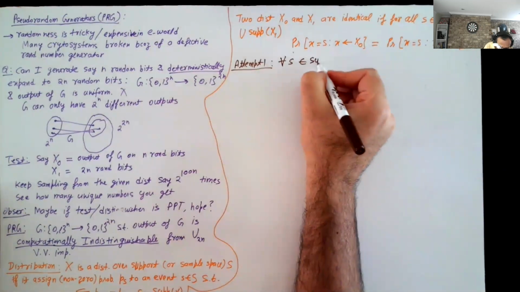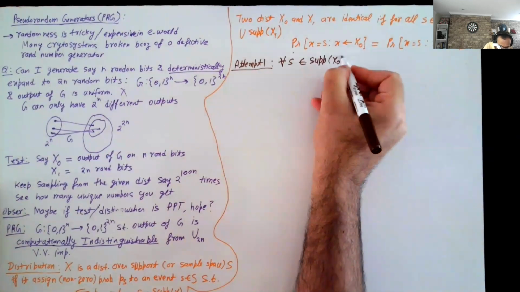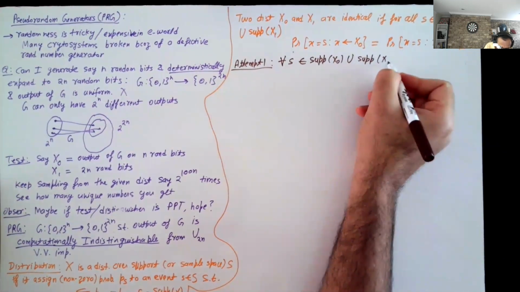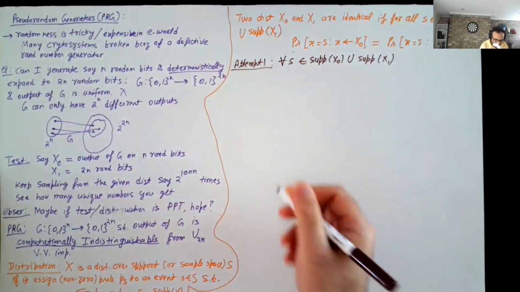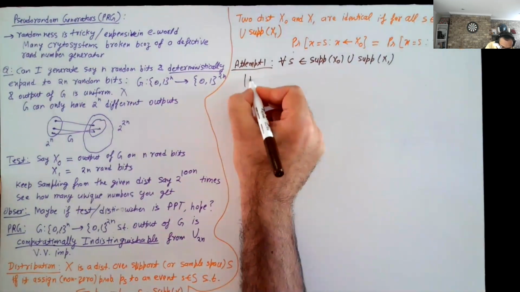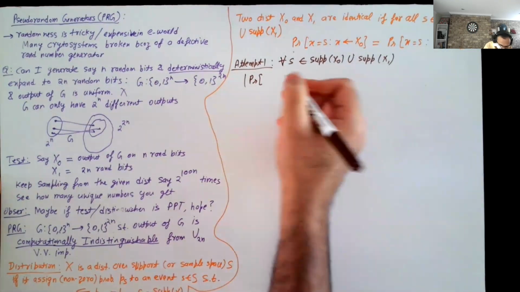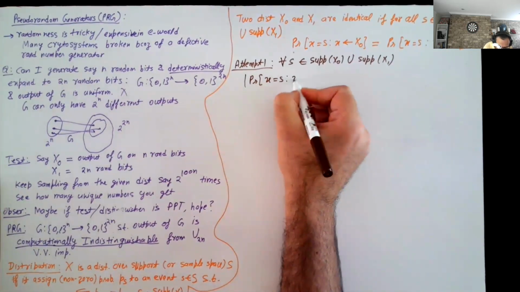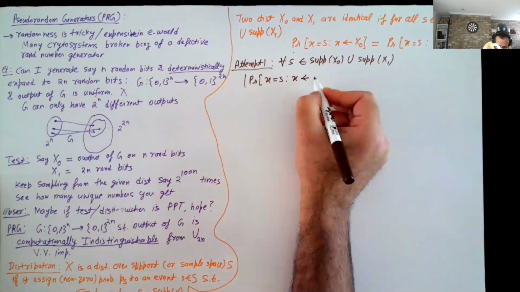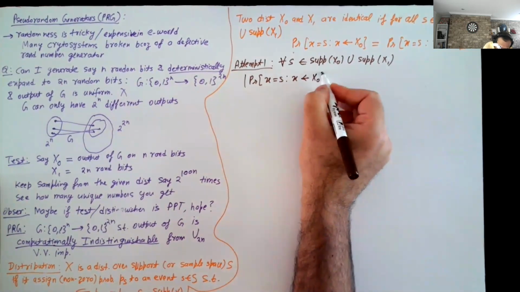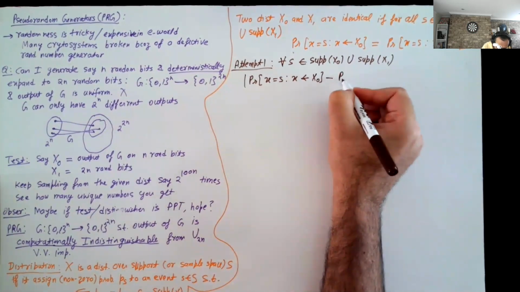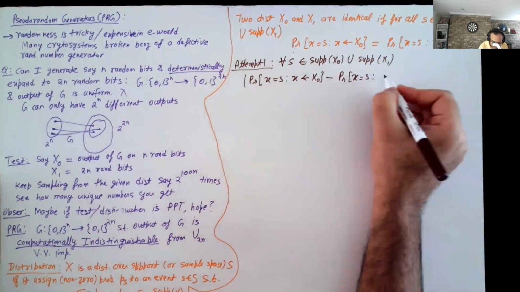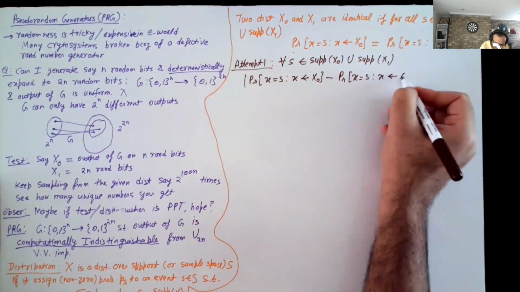For every event S in the support of X0 union X1, maybe the probability that X equals S such that X is drawn from X0, minus the same probability, but X equals S when drawn from X1.